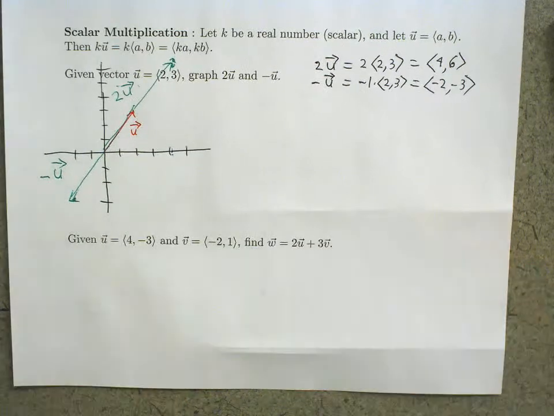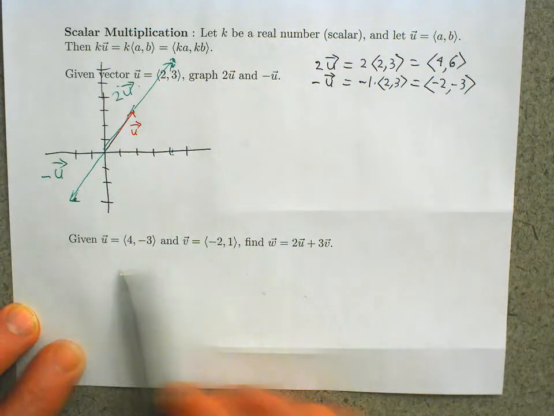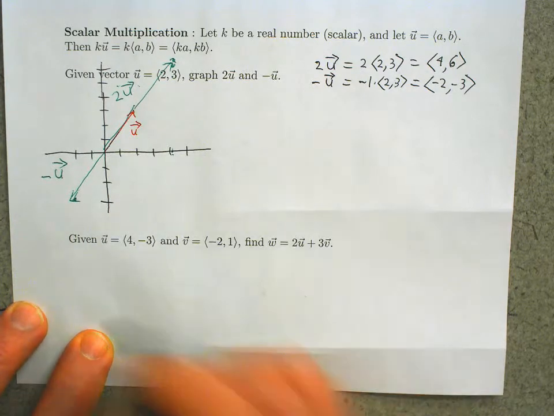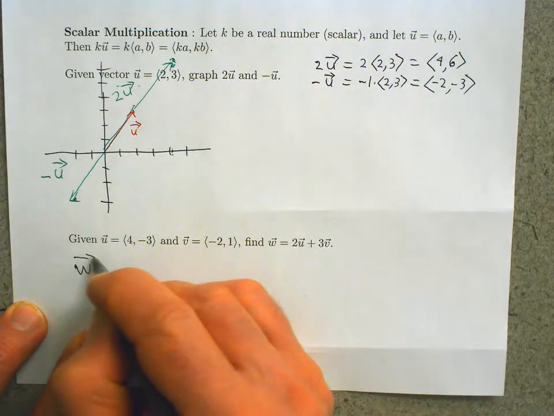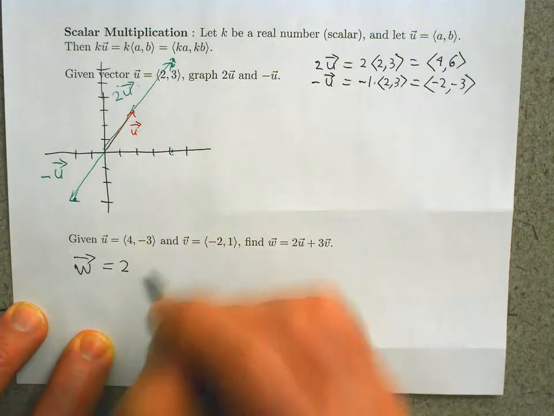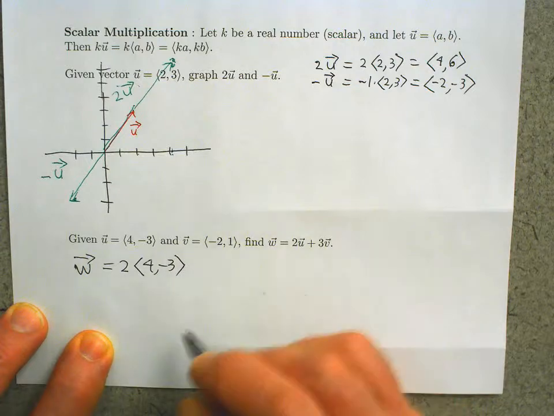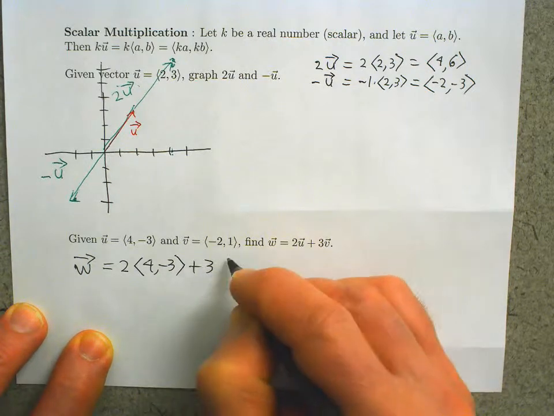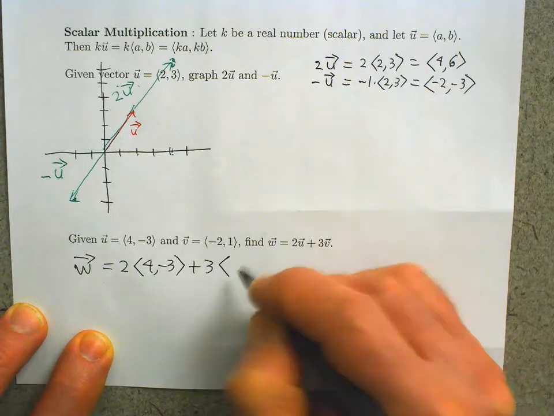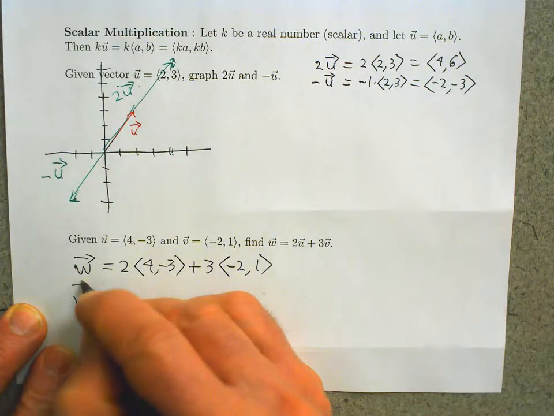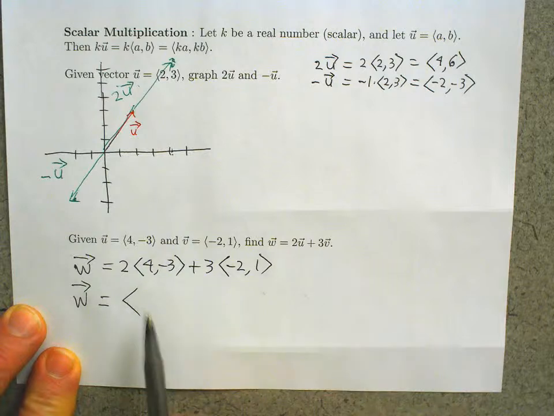And this next one, given u equals 4, -3 in component form, and the vector v in component form is -2, 1, then we can form a new vector w if we multiply u by 2 and multiply vector v by 3. So we can do all of this at once.